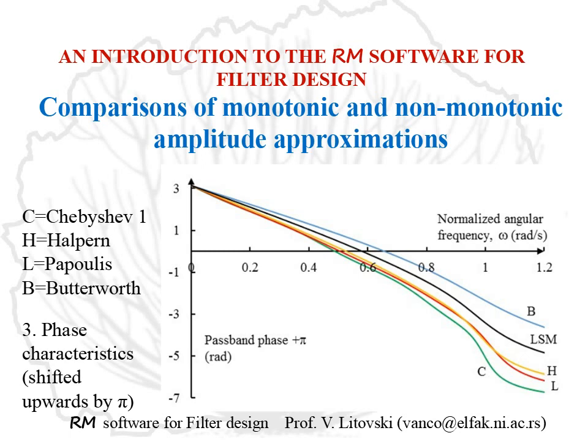Here is a comparison of the phase characteristics of the Chebyshev and the monotonic filters. The characteristic is at the origin shifted by pi to make it more tractable.